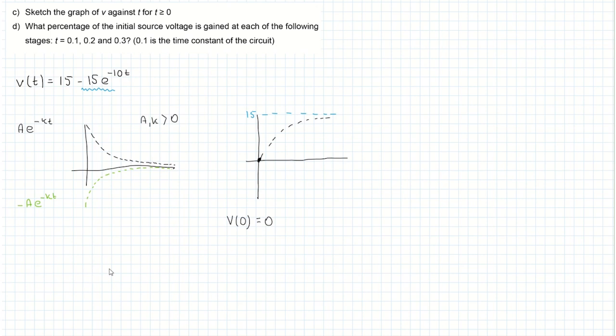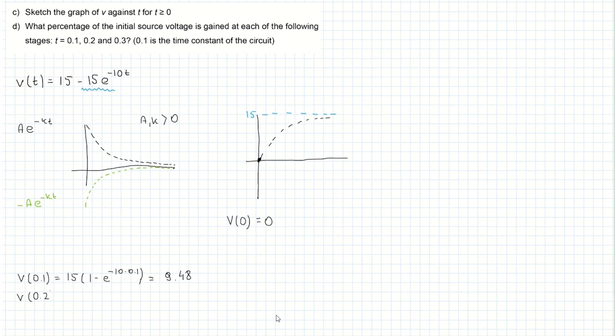We will try to calculate what percentage of the initial source voltage is gained at each of the following stages, t equals 0.1, 0.2, and 0.3. To do that, we need to put values 0.1, 0.2, and 0.3 into our function. V of 0.1 is equal to 15 times 1 minus e to the power minus 10 times 0.1, which is approximately 9.48.